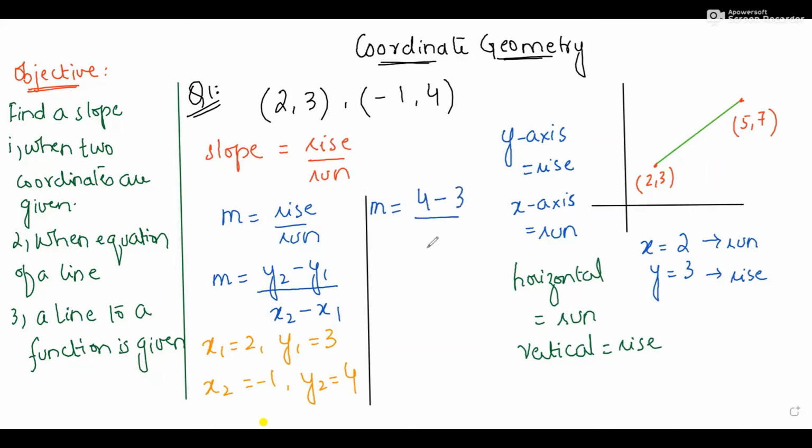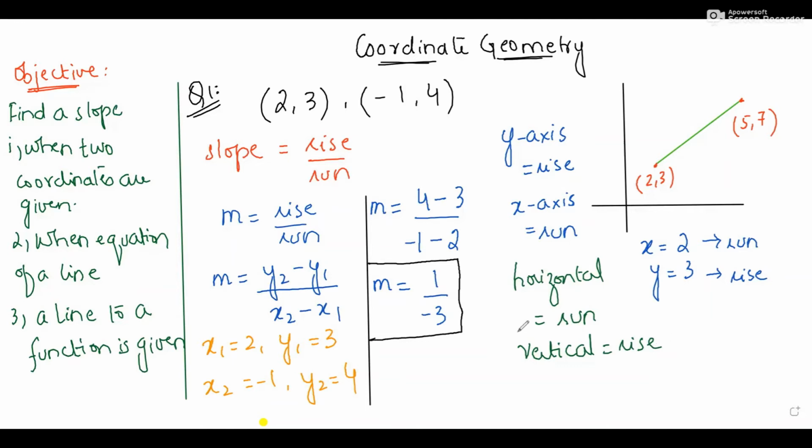Similarly, the value of x2 is minus 1 minus the value of x1, which is 2. So m equals 4 minus 3 gives us 1, and minus 1 minus 2 gives us minus 3. So the final value of the slope is minus 1 upon 3.